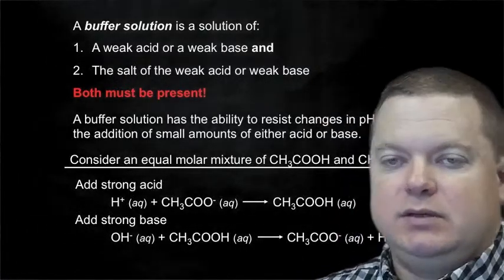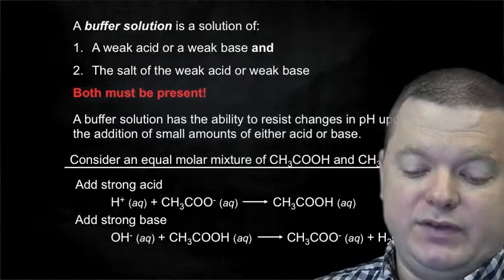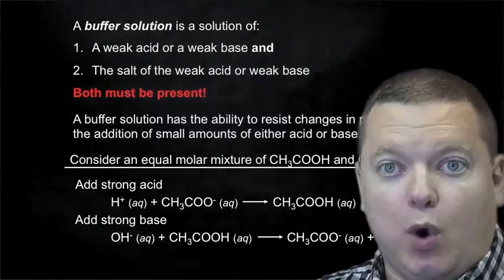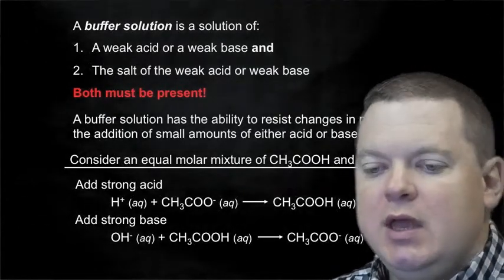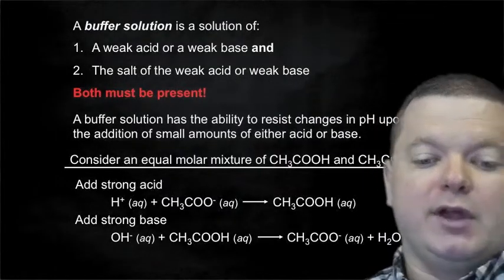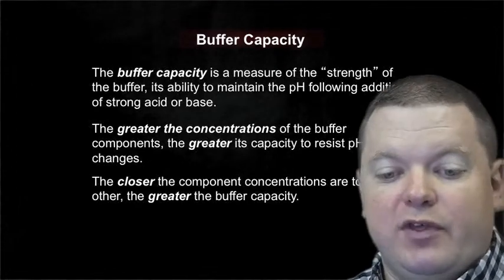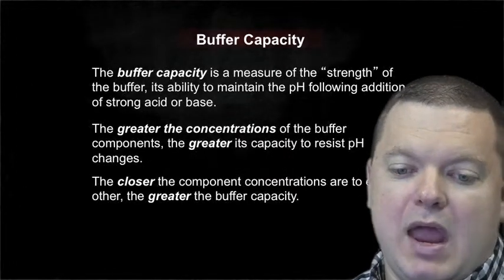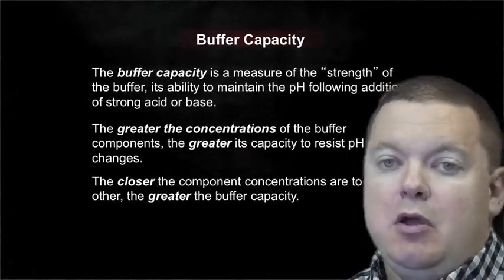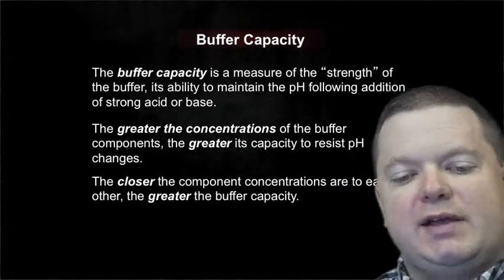How much acid or base these are able to absorb before the pH changes substantially is what's known as the buffer capacity. So the buffer capacity is the measure of the strength of the buffer, its ability to maintain a pH with the addition of an acid or base.